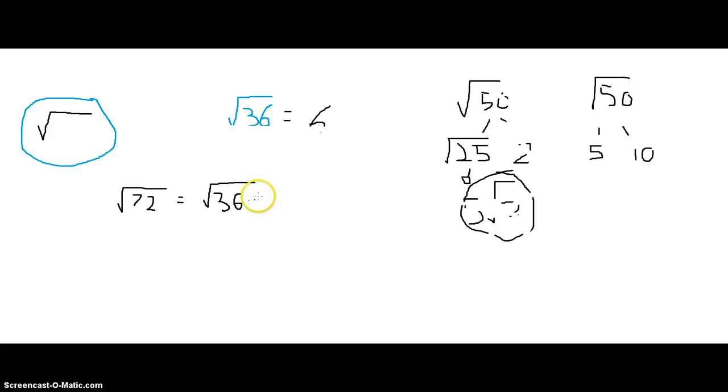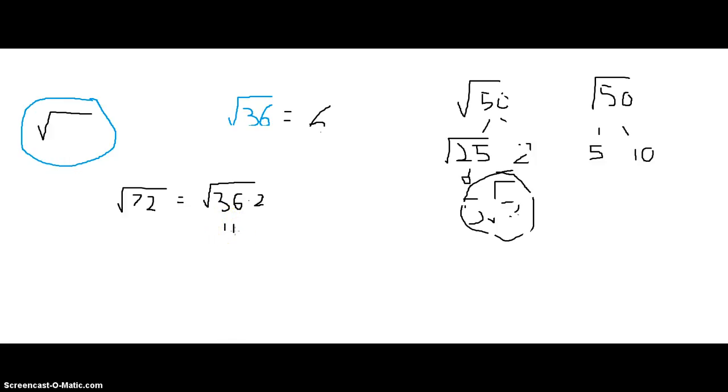Correct? That's 100% true, because 36 times 2 is 72. So this is actually 100% equal to that. This could even equal something a little bit more complicated.